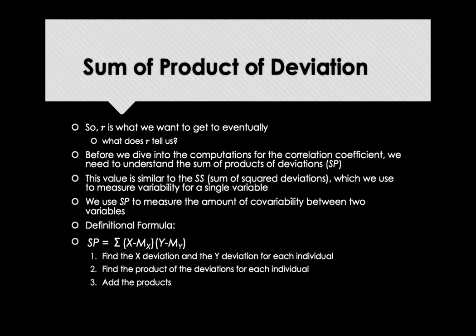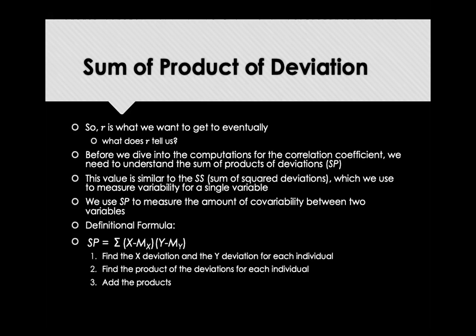So sum of squares was used in all of our previous test statistics. With correlation and Pearson's r, we're going to be using the sum of products of deviations. Pretty similar concept. We're going to use it to measure the amount of covariability between two variables. Again, covariability: how do those two variables vary together?